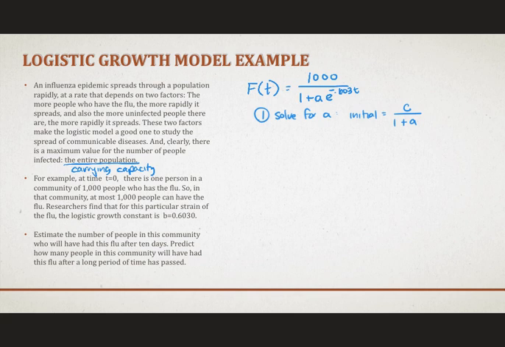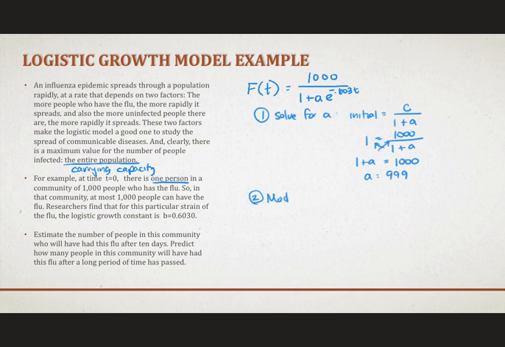At time 0, there is one person. So initially, I have one person with the flu. I'm going to have up to 1,000, and then 1 plus A down here. Now, you can cross multiply. So 1 times 1 plus A equals 1 times 1,000, which means A is 999.